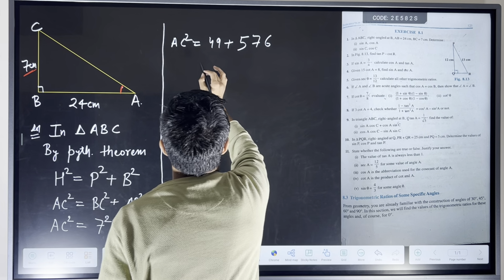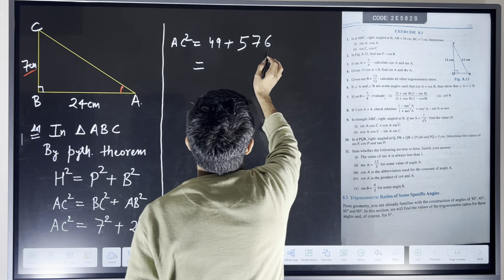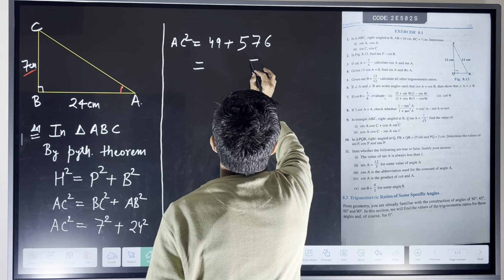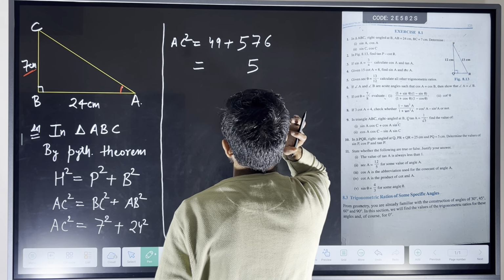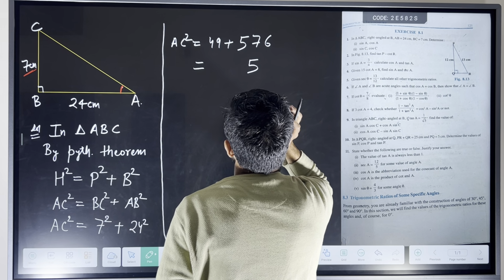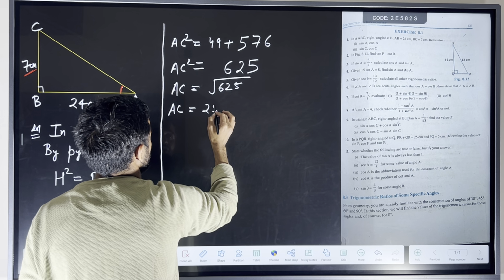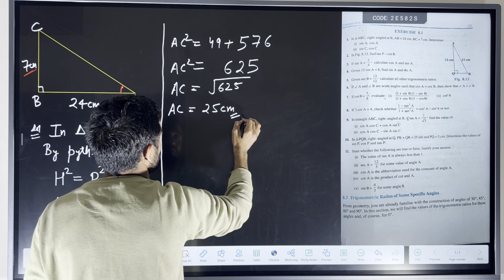If we add these two terms, AC square is equal to 625 and AC is equal to under root 625, that is AC is equal to 25 centimeter.